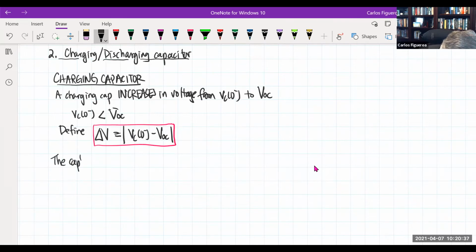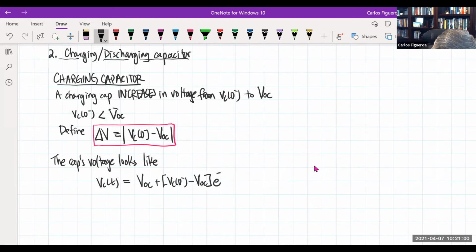So now the cap's voltage looks like what? Well, I've got VC of t, I've got VOC, and then what I've been calling VC of 0 minus VOC times e to the minus t over tau. But now look what I'm going to do here. I want to look at the absolute value of this quantity right here. If it's charging up, we see that this quantity is negative.